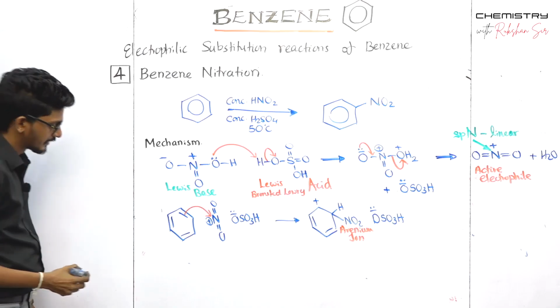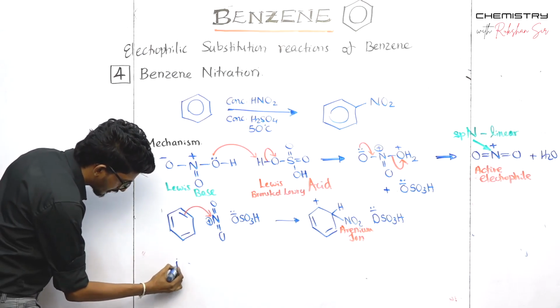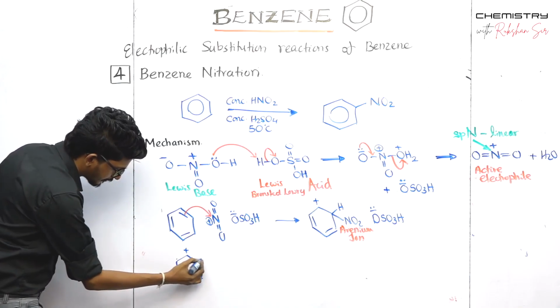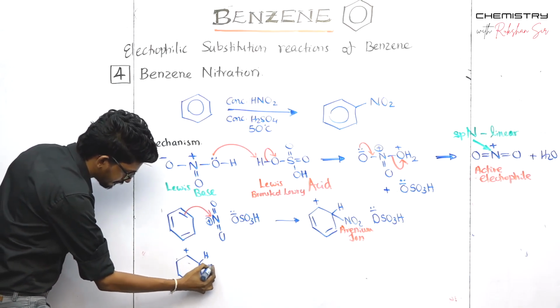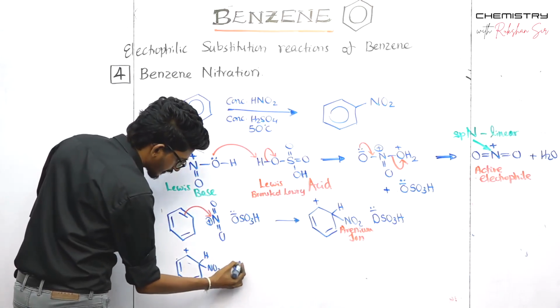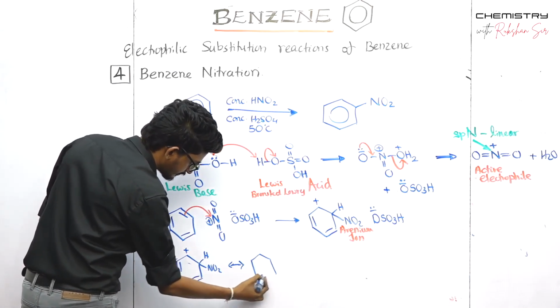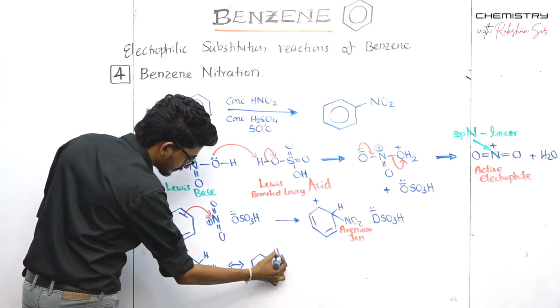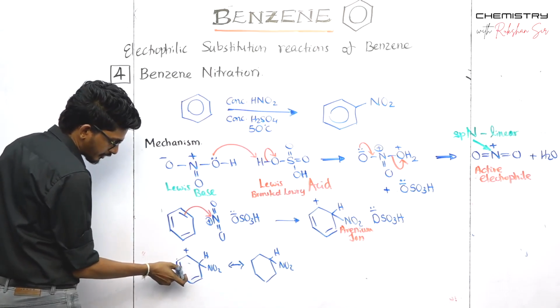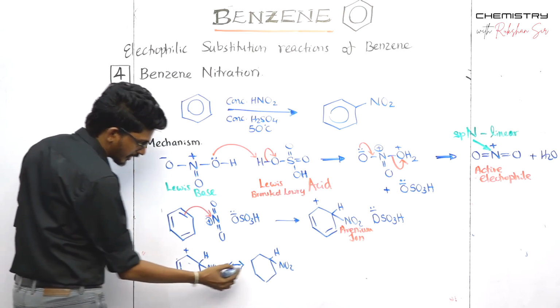Next is the stabilization of the arenium ion by resonance. Resonance stabilization of the arenium ion. When these electrons come towards here, this gets a positive charge.